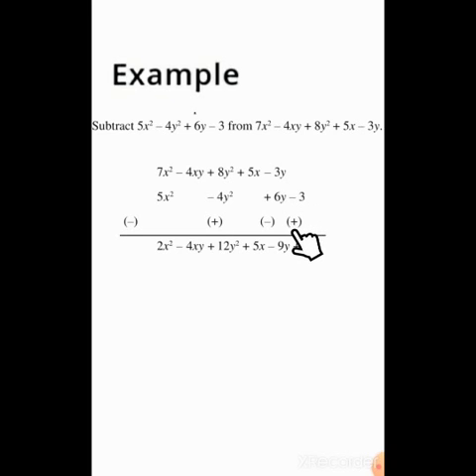Now here we have to use this new sign. The old sign is not counted; this sign we have to apply. So plus 3. Minus 3 minus 6 means minus 9y, plus 5x, plus 8 plus 4 means plus 12y square, minus 4xy, and plus 7 minus 5 is 2x square.